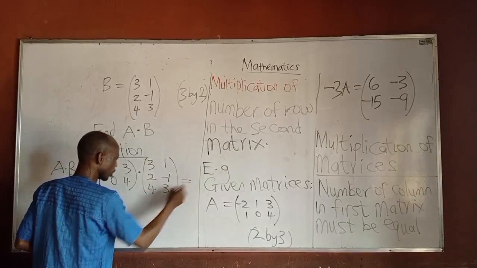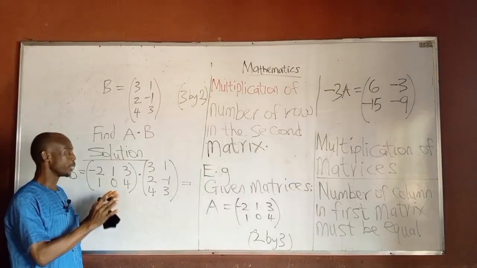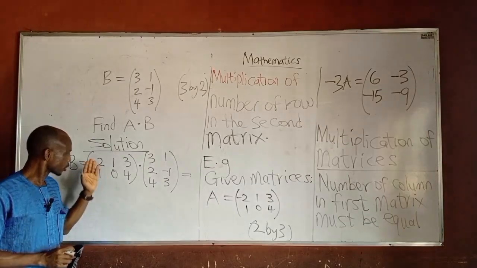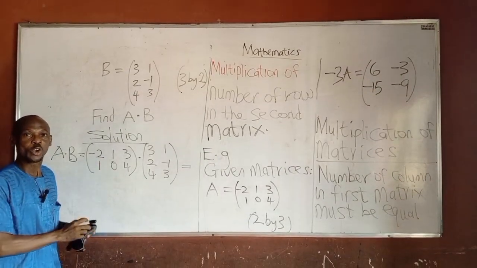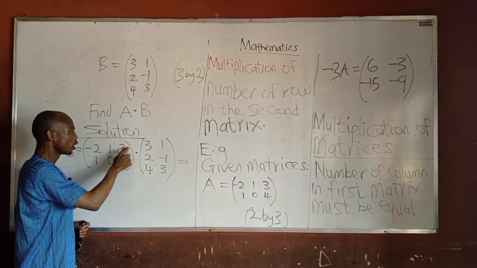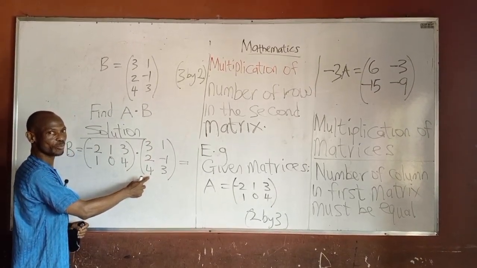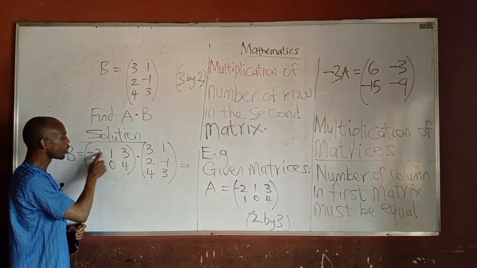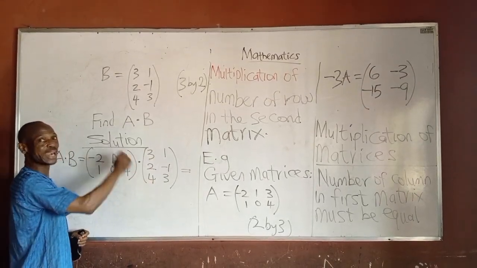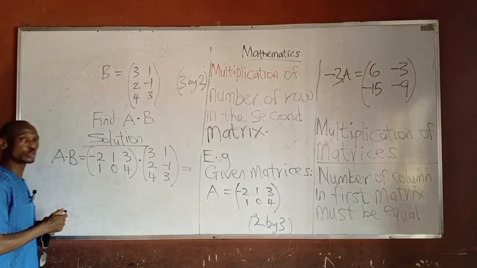This will now be equal to. Now, how do we carry out the multiplication of matrices? I want us to pay attention carefully. We are going to multiply using the first row to multiply the first column. Subsequently, we are going to add them. Let's see how we are doing that.